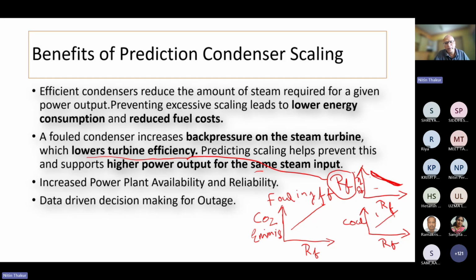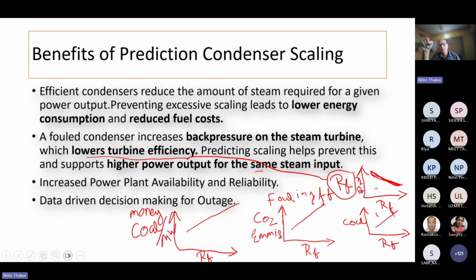And there is one more trend that we observed: as the condenser is getting scaled, more and more money has to be pumped into coal, basically the fuel, to make that 1 megawatt of electricity.